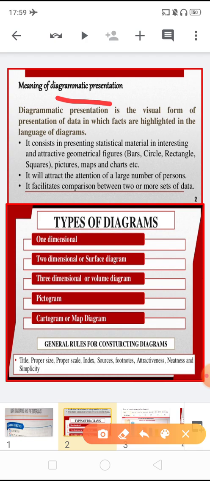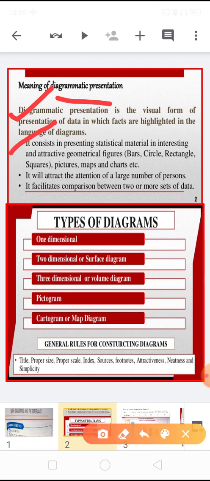So children, what is the diagrammatic presentation of data? Children, as I just said, the present chapter focuses on the geometric form of diagrammatic presentation, including the bar diagrams and the pie diagrams. So what is the diagrammatic presentation of data, children? The diagrammatic presentation of data is the visual form of presentation of data in which the facts are highlighted in the language of the diagrams.